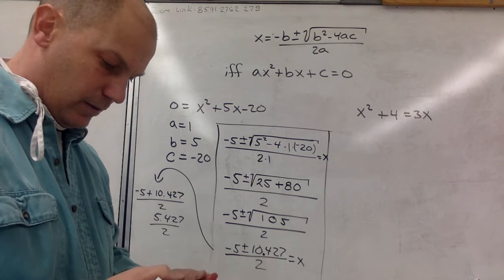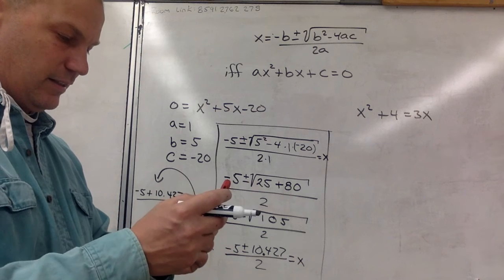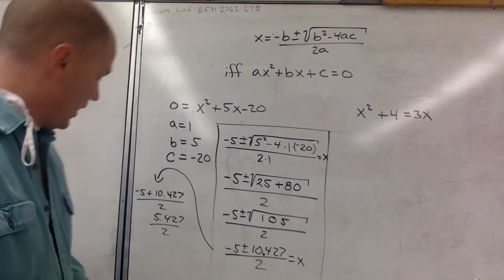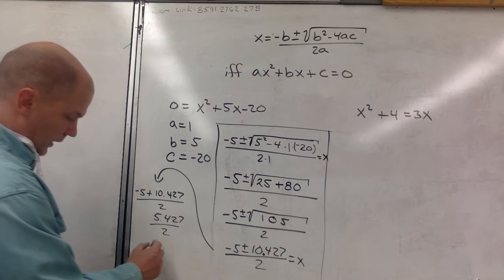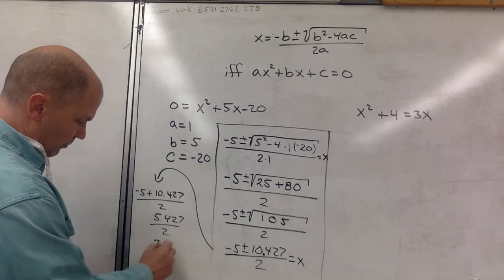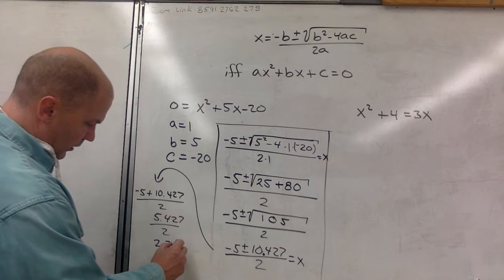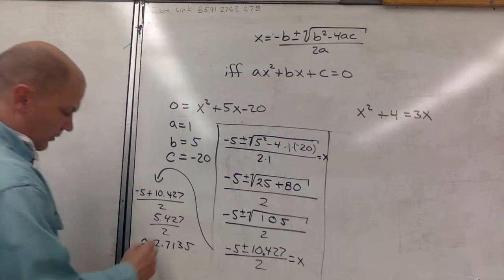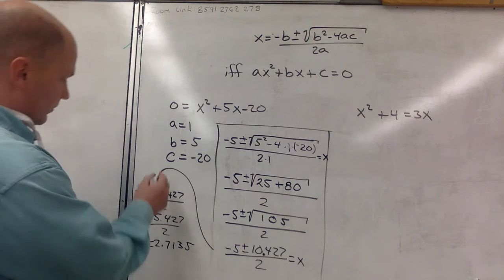Not so trusty anymore. Anyway, I get 5.427 divided by 2, and I can do that any number of ways. So I'm going to get 2.7135 is my answer. So x is approximately equal to that.